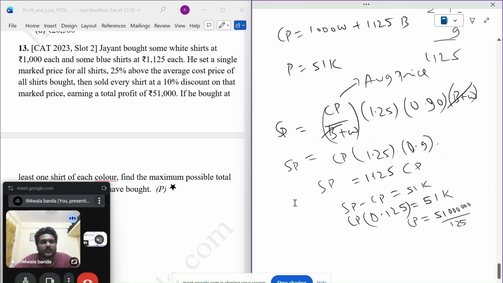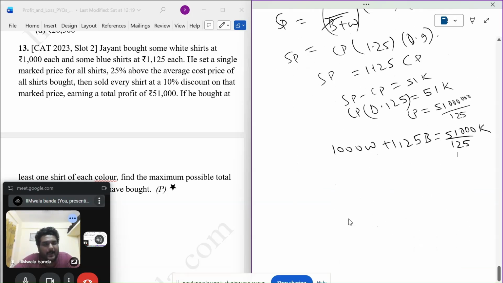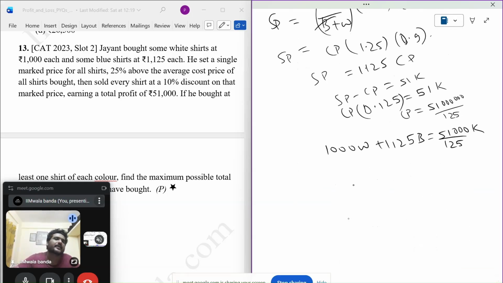1000 W plus 1.25. This I got somewhere, but I am not sure if this is correct because calculation wise it has become very tedious. Let's see. I can see that it is getting a little shorter. Okay, I've kept one. Let's just do it.